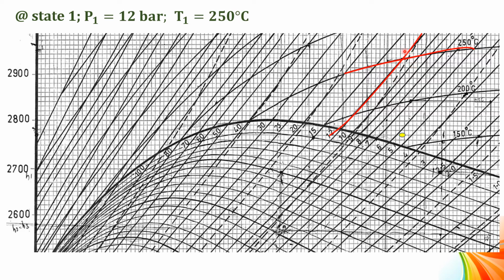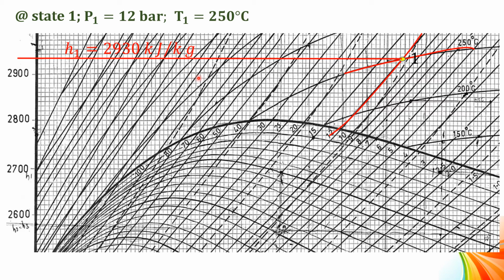Both are intersecting at this point. So here mark the point as 1. Now measure the corresponding specific enthalpy value of point 1 from the Mollier diagram and mark the value h1 equal to 2930 kilojoule per kilogram.